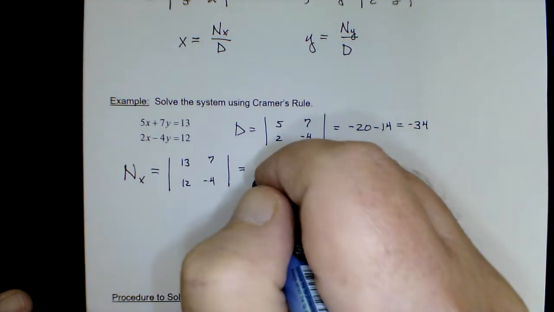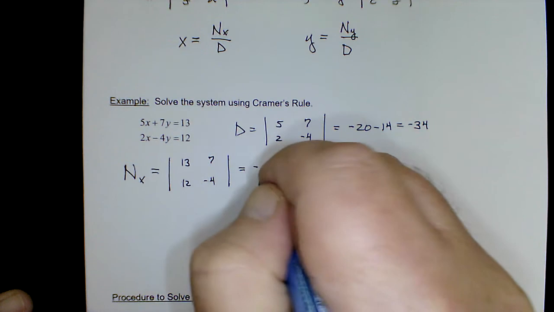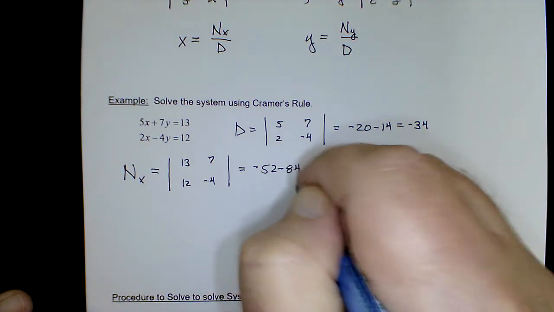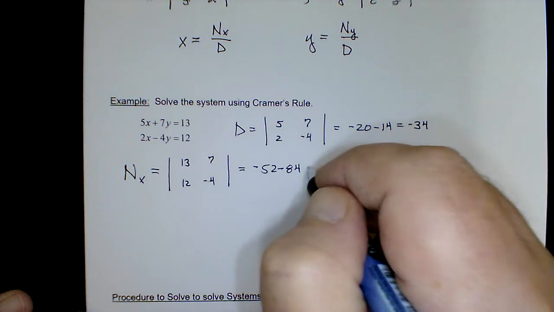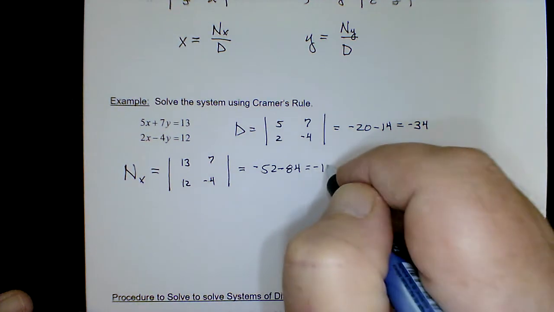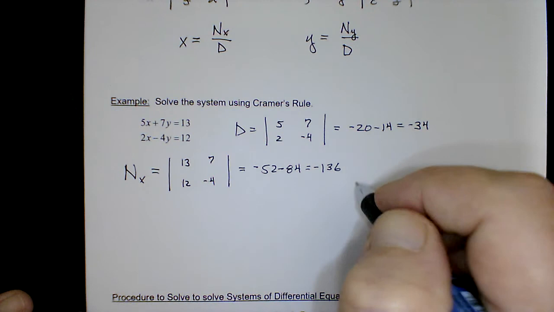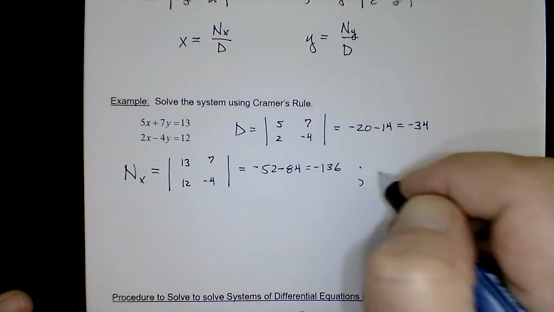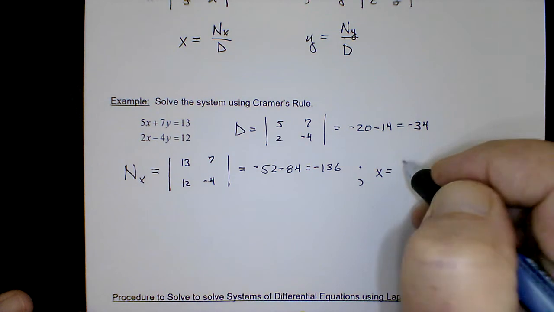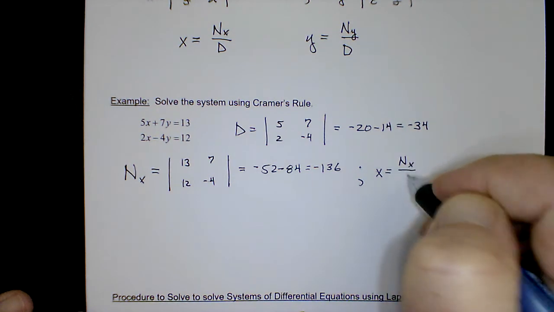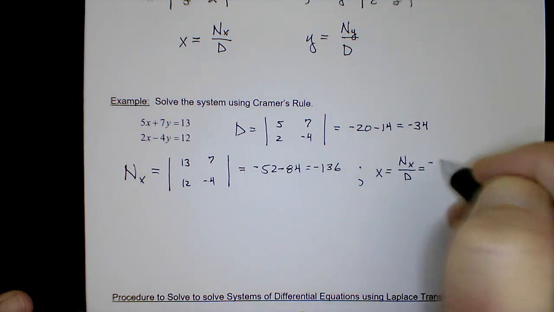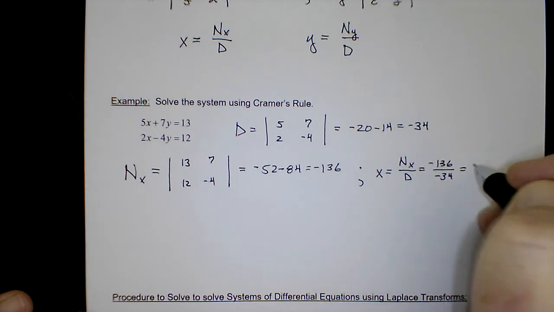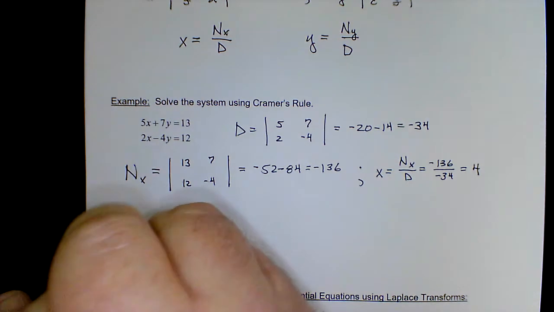Calculate that determinant, and that's negative 52 minus 84, which gives us minus 136. Okay, and if we want the solution for x right away, that means that x is going to be, again, n sub x over d, so negative 136 over negative 34, and that goes in neatly 4 times.